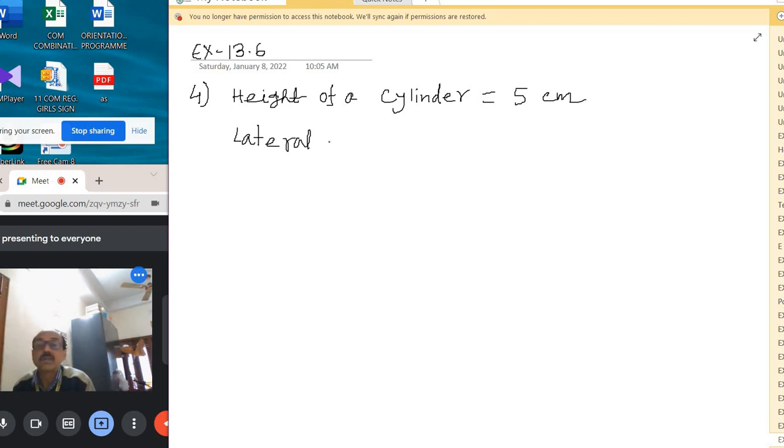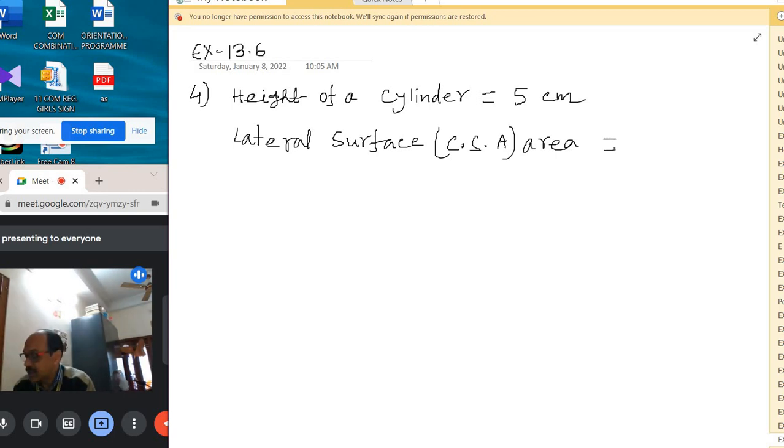Lateral surface, that is curved surface area CSA, lateral surface area equal to, this is also given, 94.2 centimeter square.